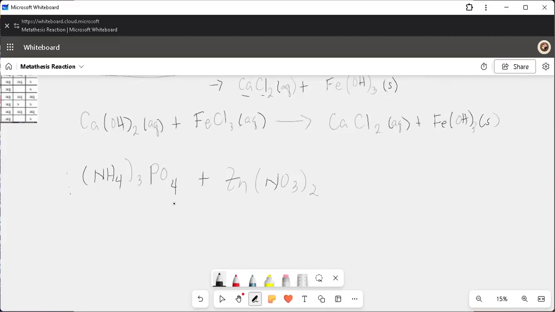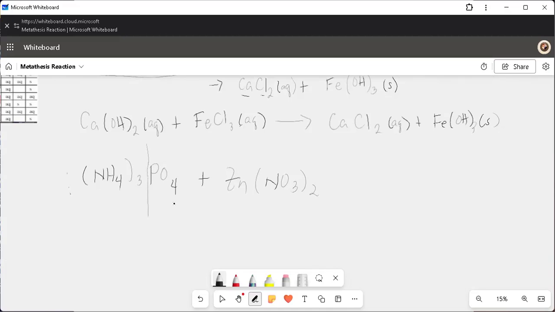But you can still determine which component is the positive and the negative because you have here the PO4. The PO4 is a polyatomic ion. Okay? So you can split it here.